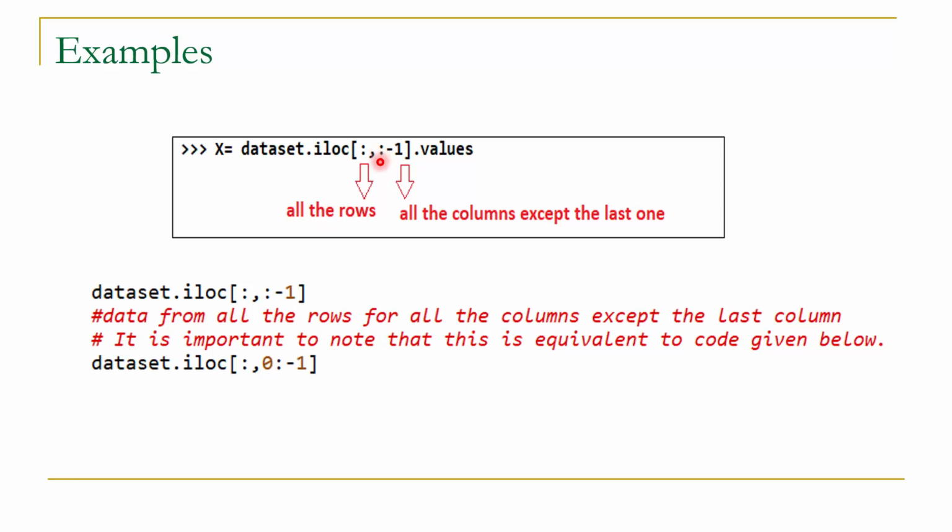So it is also valid to write the syntax in this way: colon comma colon minus 1. Here the starting range of the column is considered as 0. So it will select all the rows and columns with index value 0 up to the last column. So all the columns except the last one will be selected by this statement.